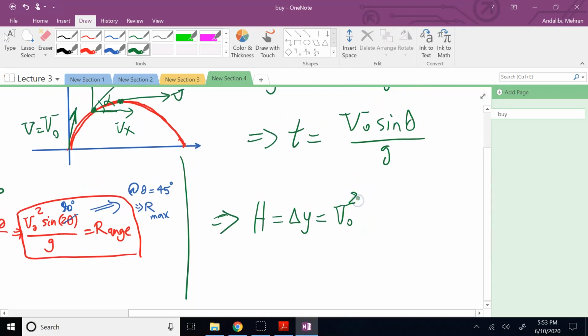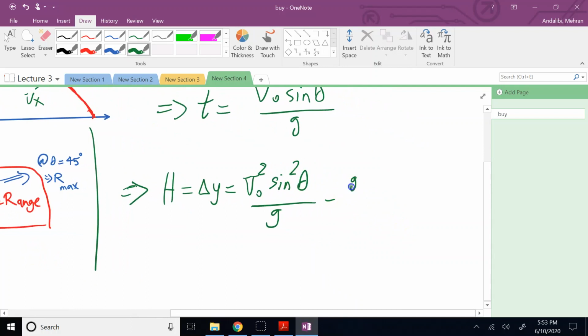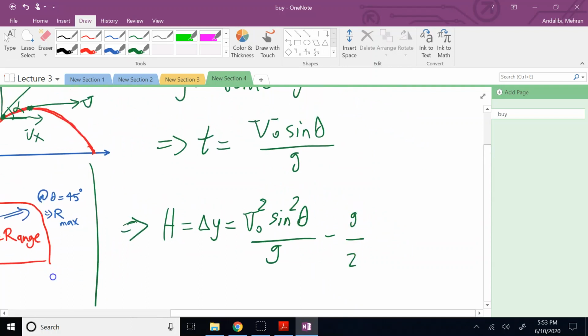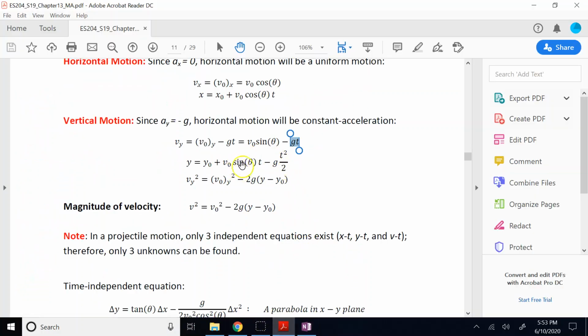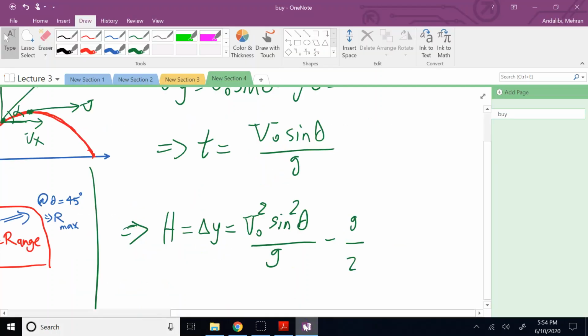So this is going to be v naught squared sine squared of theta divided by g minus g over 2 times t squared. Let's make sure we are not making any mistake, because we have to multiply the t I found by v naught sine theta. So it's v naught squared sine squared divided by g, that's correct, minus g over 2 t squared.